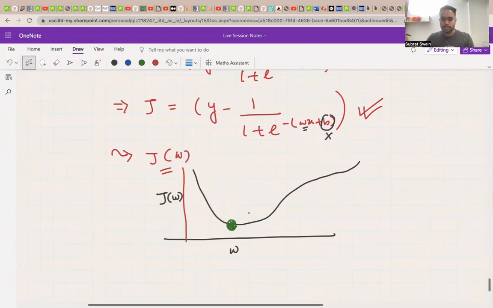Is everyone agreeing with me? This is the point where the error will be minimum. Let's say this is the w solution, ws. Everyone is agreeing with me, right?